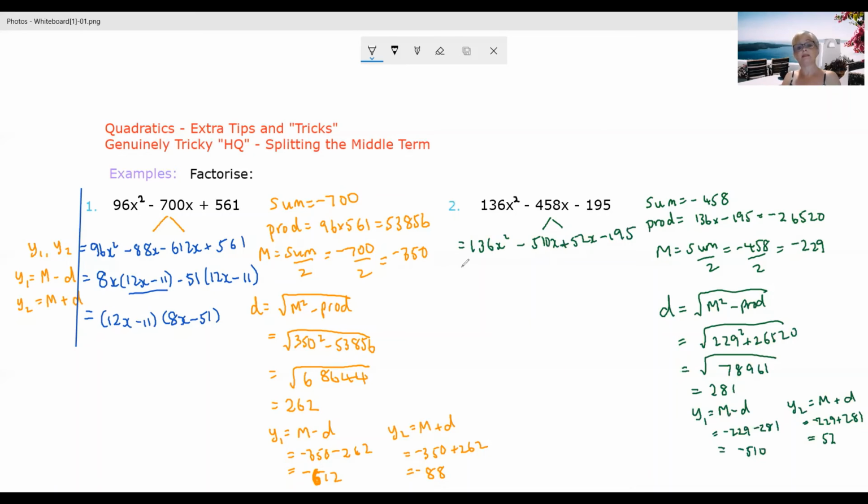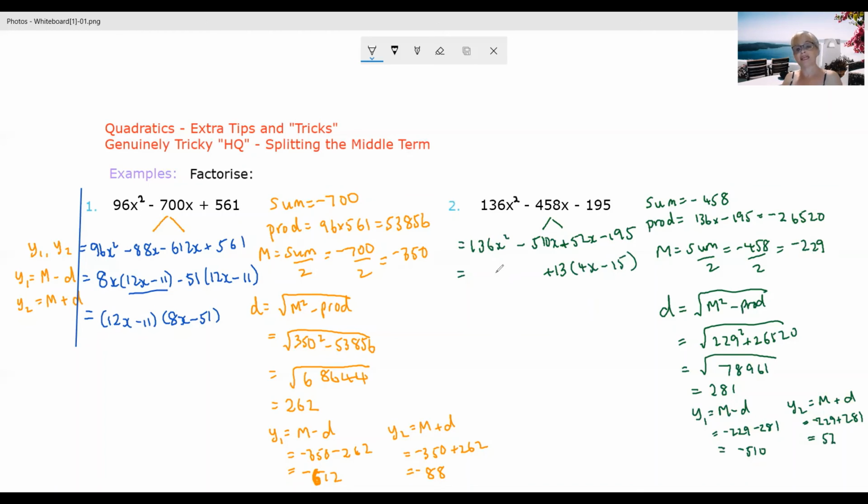Now it's easier to do the grouping with your second two terms here to start with, and that will give you a clue. 13 goes into 52. We can check on our calculators. 13 also goes into 195. If we do 195 divided by 13, we get 15. So what we're going to get here is a 13, and we're going to get 4x minus 15.